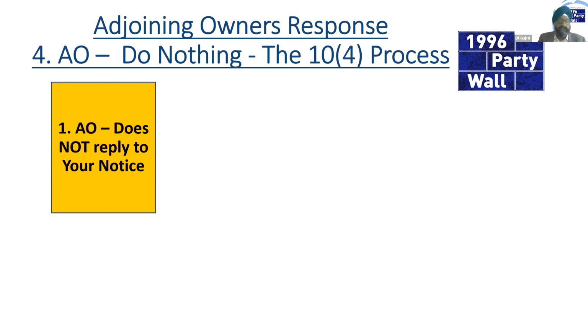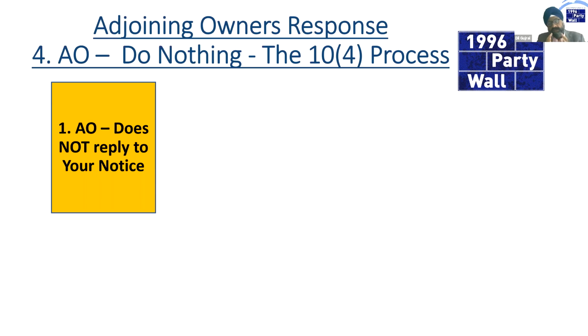They're on holiday. They can't be bothered. They're trying to frustrate the process. Adjoining owners believe incorrectly that by not replying, the building owner can't carry on with the project. And going back to my earlier point, the whole reason for the Party Wall Act is to enable building works to take place. So it's structured so that the process is kept moving.